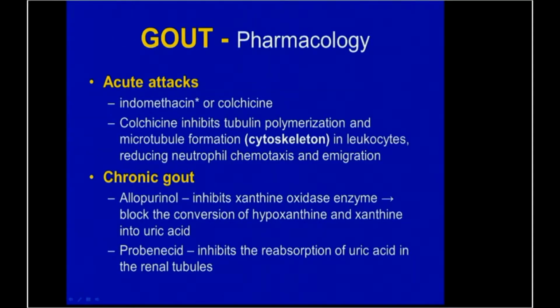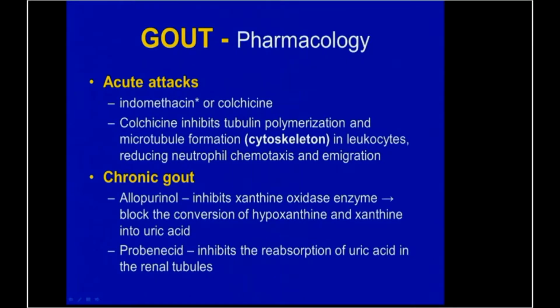These crystals might stay for years in the joints of the patient and nothing is going on until our polymorphonuclear leukocytes, for some unknown reason, start to attack these crystals, engulf the crystals, inducing an inflammatory kind of reaction, okay? So the problem is the action of the leukocytes.